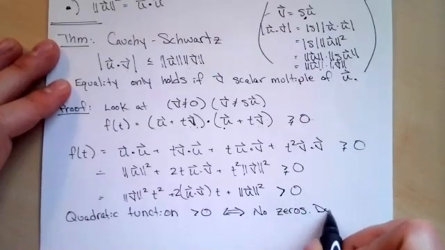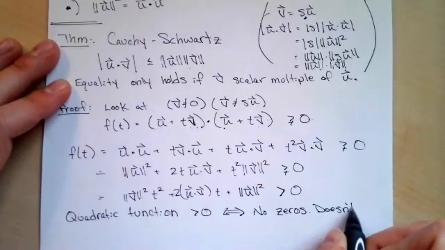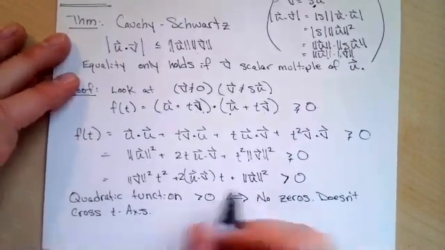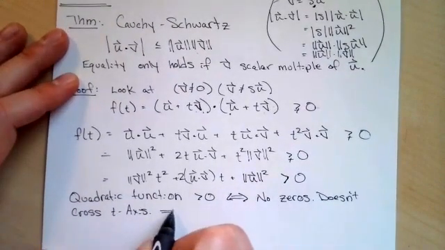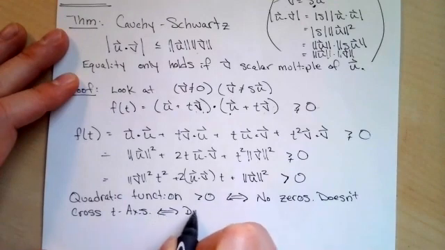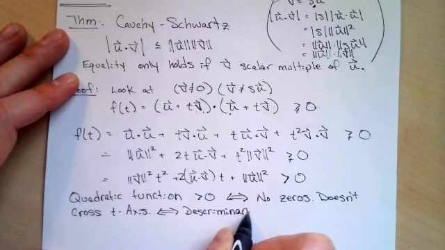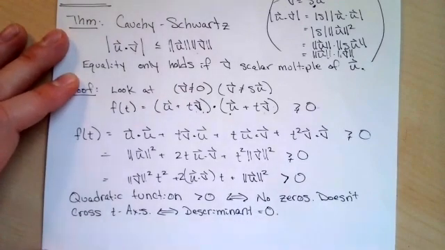So it doesn't cross the t-axis. In other words, the discriminant is less than 0.